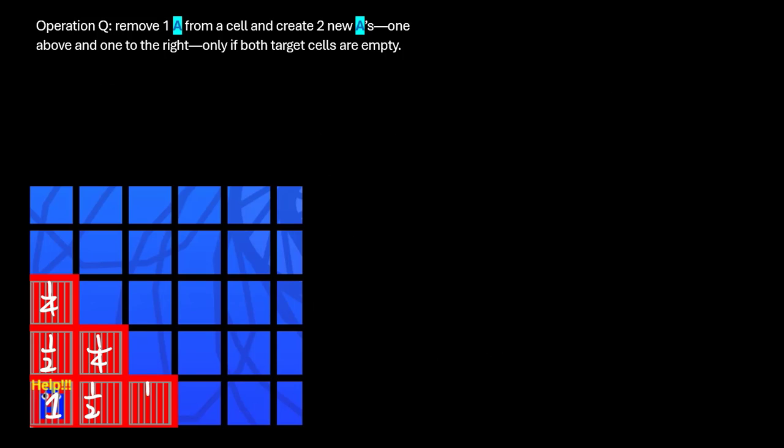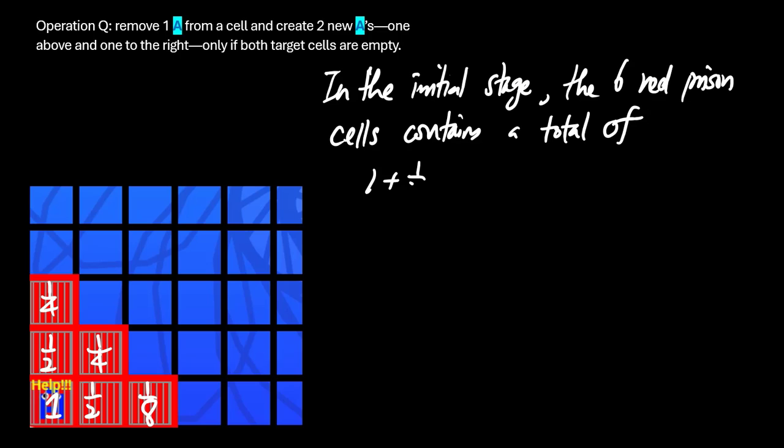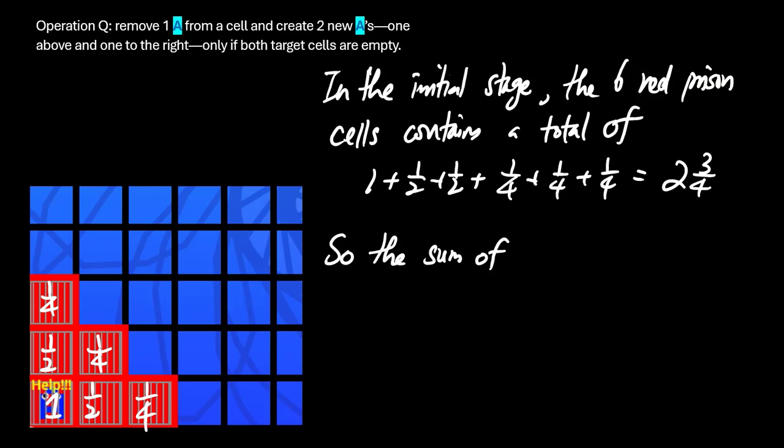Let's take a closer look at the value distribution on the grid. The 6 red prison cells together occupy positions with values 1, 1/2, 1/4, 1/2, 1/4, 1/4. That adds up to 2 3/4. But here's the key point. At the very start, there is only one A, placed at the bottom left corner, which has a value of exactly 1.